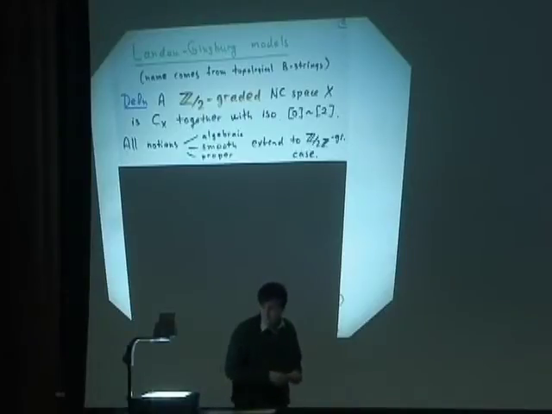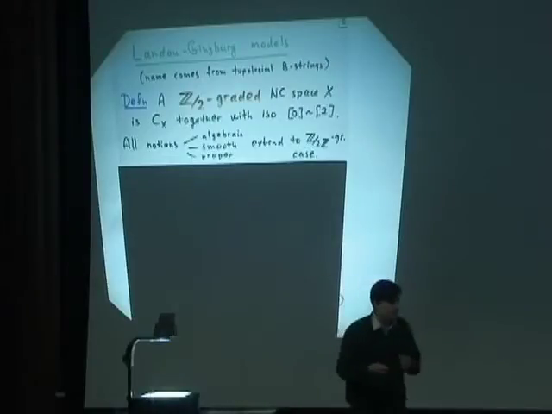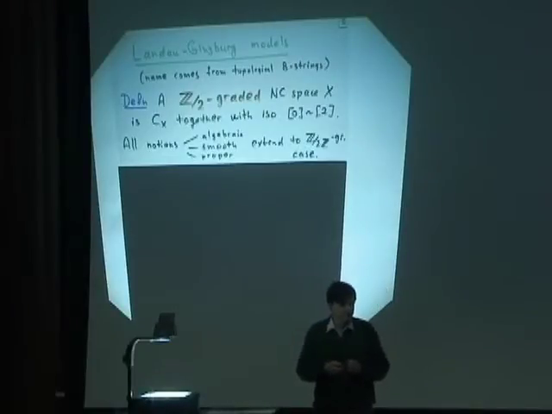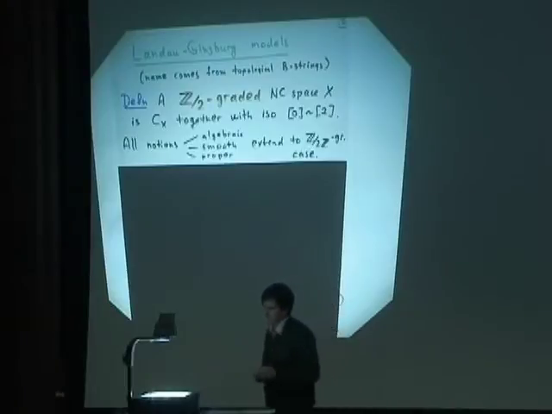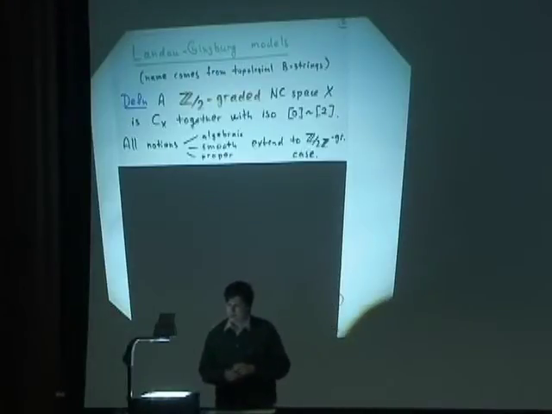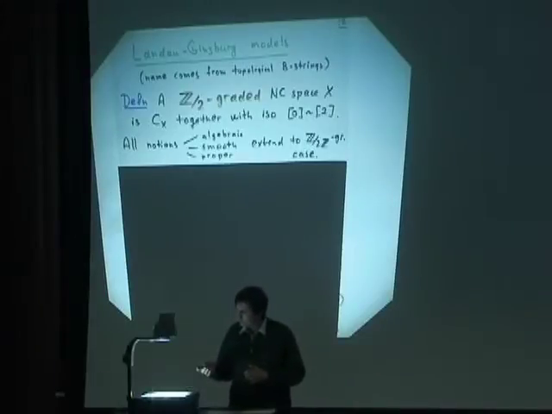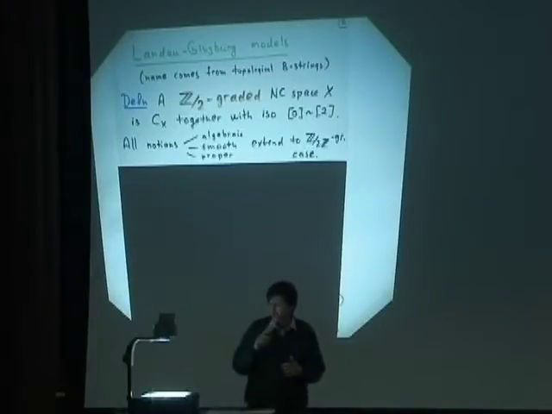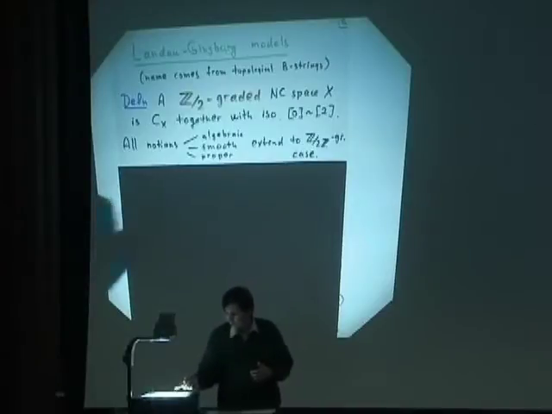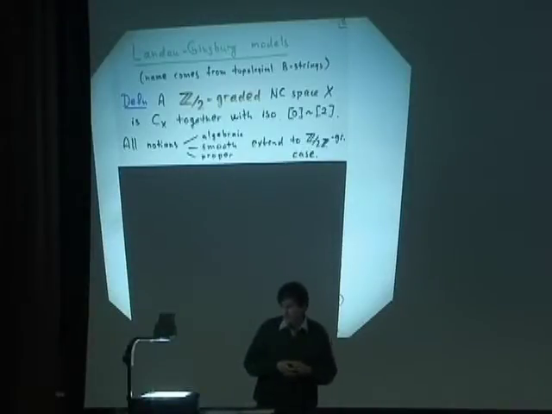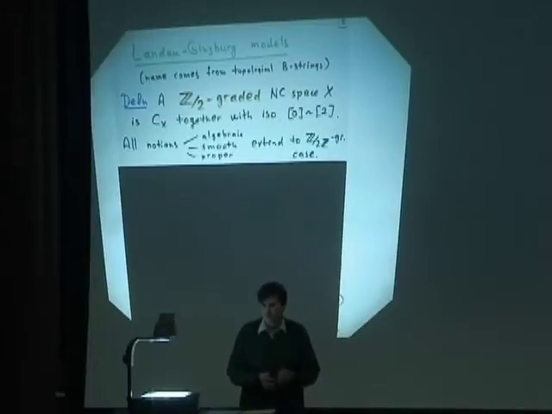One can speak about Z2 graded non-commutative spaces. Namely, it's a category with an isomorphism of functors, shift by 0 and shift by 2. And all the notions which I explained, the really few notions, algebraic, smooth, and proper, extend to the Z2 graded case. And for proper, for example, the definition is not that cohomology is finite dimensional, but that zero cohomology plus first cohomology are finite dimensional, because they are two periodic.